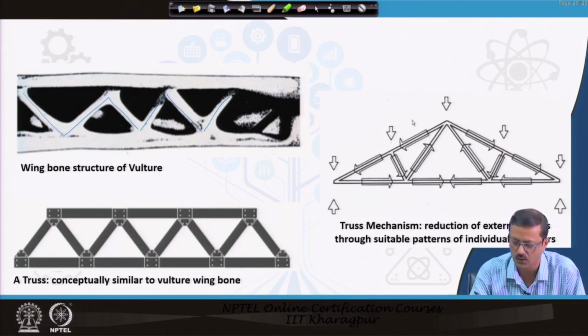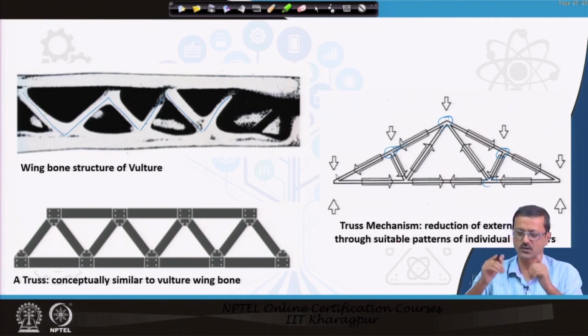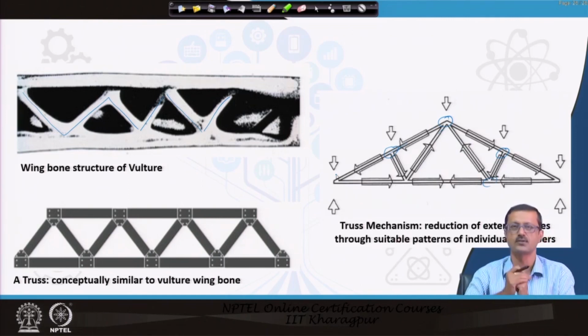If you have the loads, and these loads are placed at the typical nodes, this load will now act on the members as they are placed. So, it is very important that I choose the right inclination of the members to distribute the force evenly through these members, by virtue of the nodal forces, the external forces applied at the nodal points.